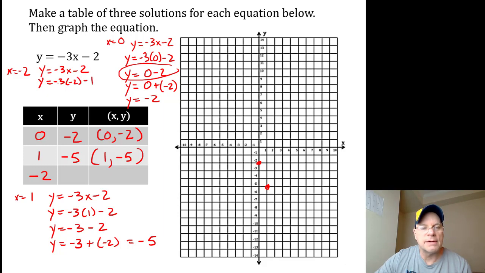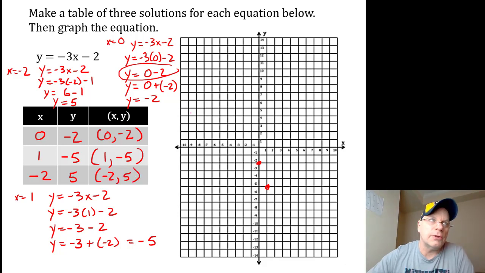Negative multiplied by negative is a positive, so negative 3 multiplied by negative 2 is positive 6. And 6 minus 1 is just 5. So sometimes the negative input actually gives you an easier computation. It just depends on the function. If our input is negative 2, our output is positive 5. So negative 2, positive 5.